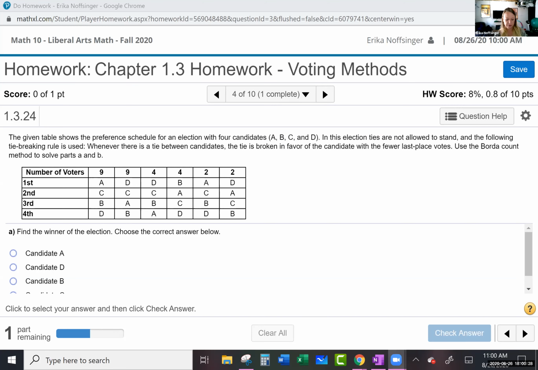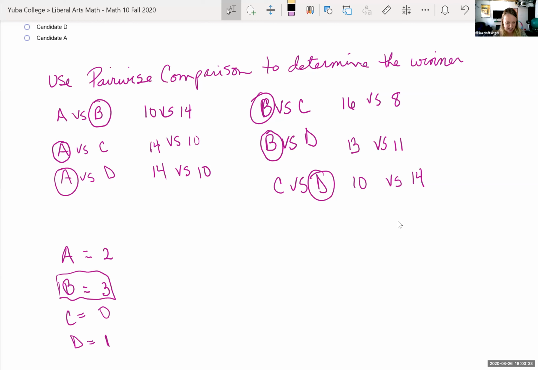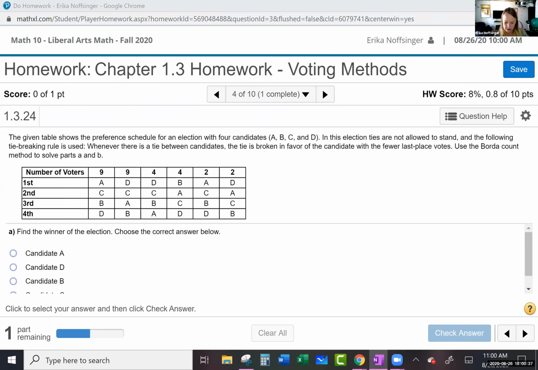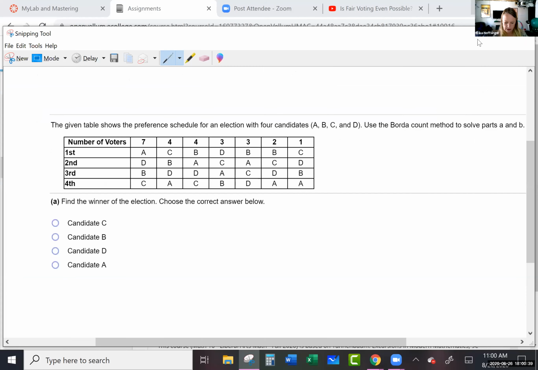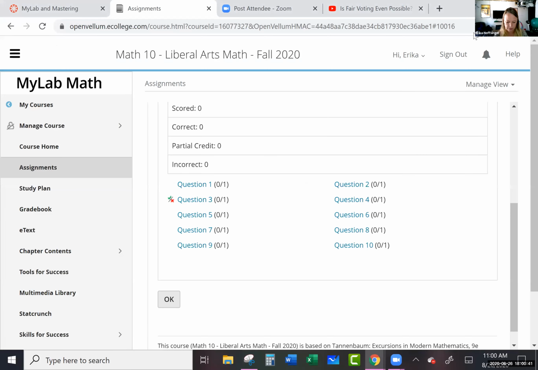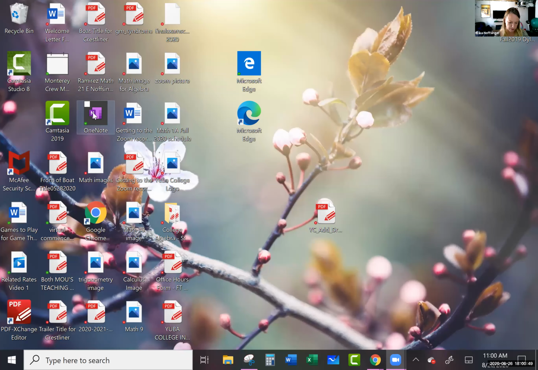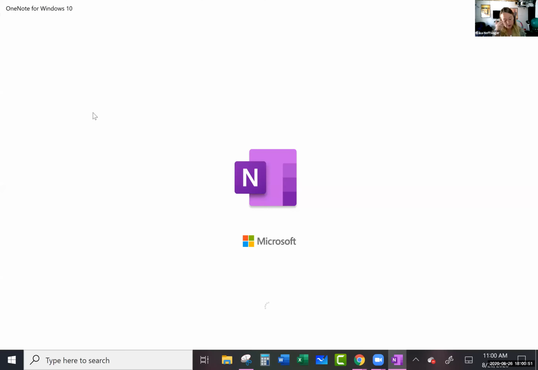Okay, so this kind of brings us to the next section, which is pretty fast, which talks about Arrow's impossibility theorem.